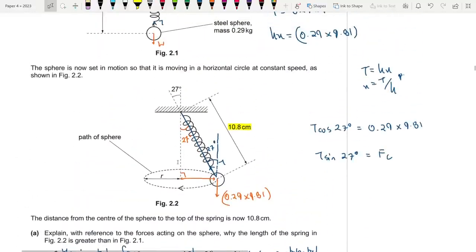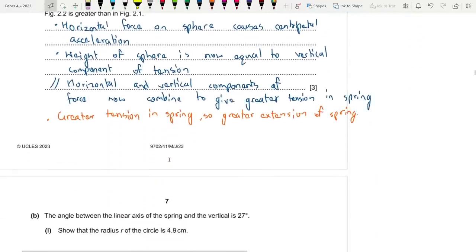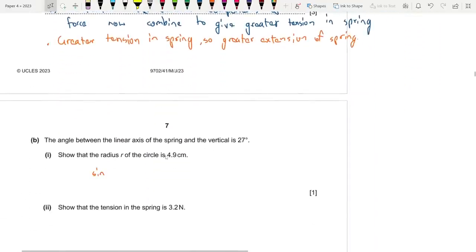So this is just trigonometry, right? This length is 10.8, the hypotenuse. This is 27 degrees. So we can just use sine 27 equals opposite by hypotenuse. Sine 27 degrees is equal to the opposite, which is unknown, r, by 10.8 hypotenuse.